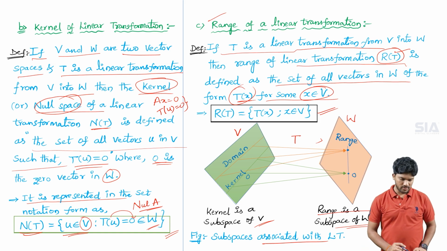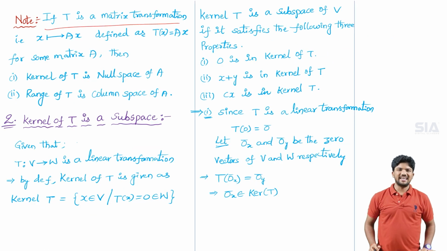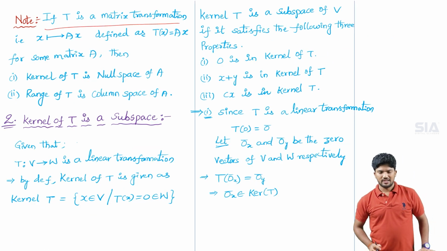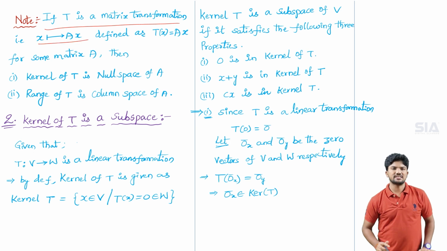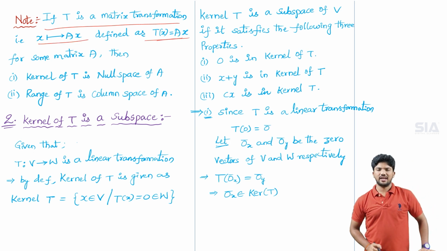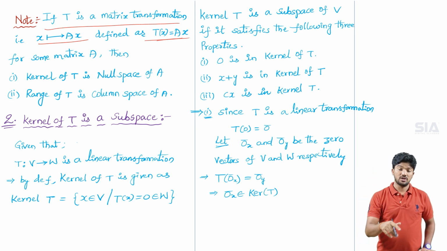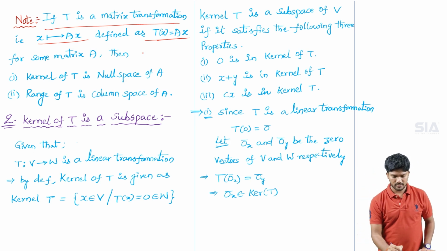So, therefore, those are the definitions regarding linear transformation, kernel and range. Now we are going to see a note point. If capital T is a matrix transformation, mathematically we can write it as defined as T of x is equal to Ax. Whenever we are talking about that, it is matrix transformation, not linear transformation.